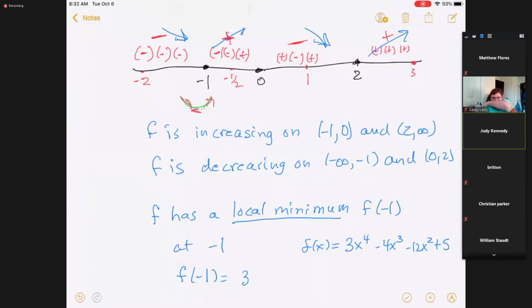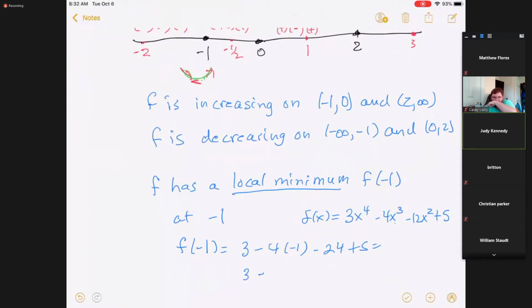Minus 1 cubed is minus 1. Minus 1 squared is plus 1. So that gives us 3 plus 4 minus 24 plus 5. So 7 plus 5 is 12 minus 24 is minus 12. The local minimum at minus 12.